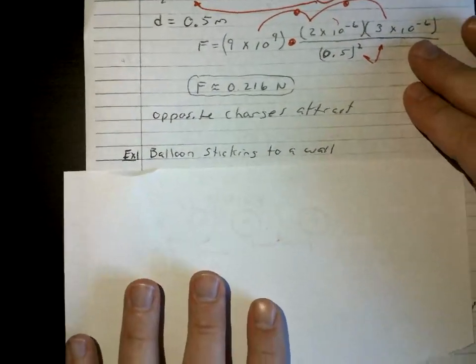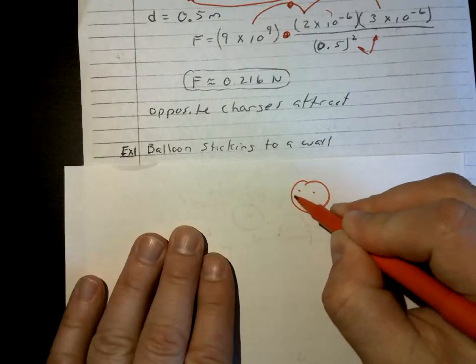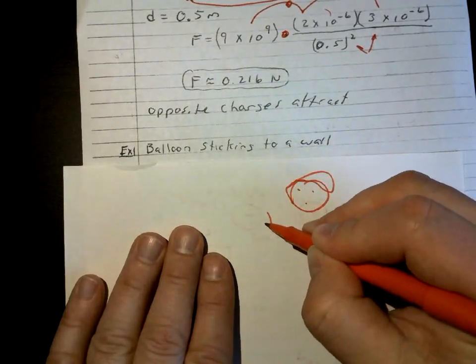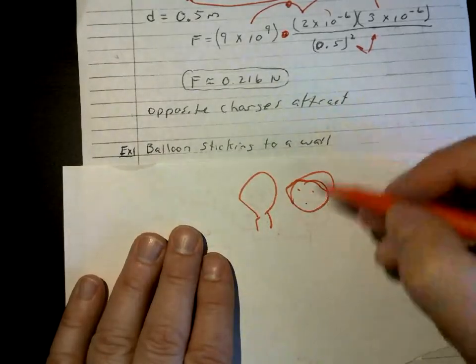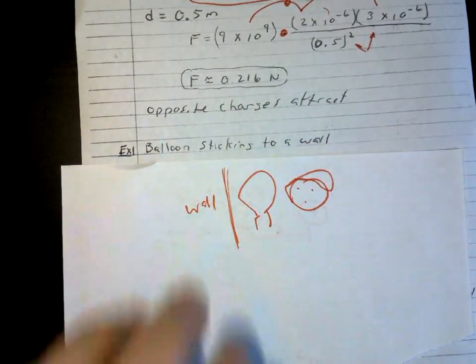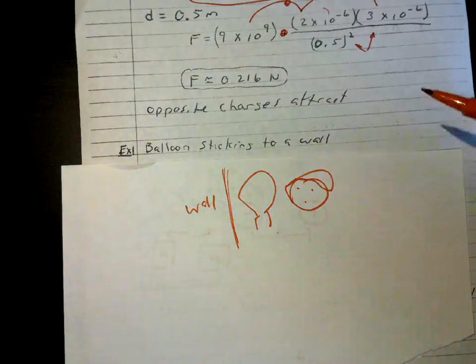We talked about this in the last lecture. If you take a balloon, here's your head, crazy hair like me, and rub it on your head, it sticks to a wall, right? And here's the wall. It's going to stick to the wall because you're transferring electrons around.